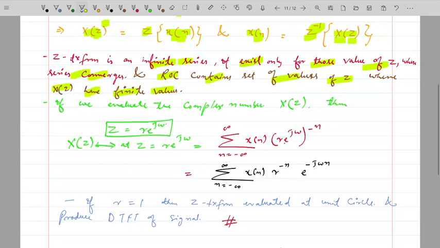So here, if we want to evaluate this complex number, what is the complex number? z raised to power n has real and imaginary parts. If we evaluate the complex number X of z, this is the expression for finding the values of the Z transform.